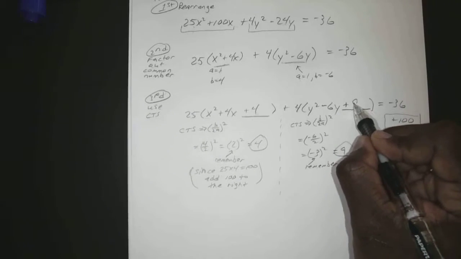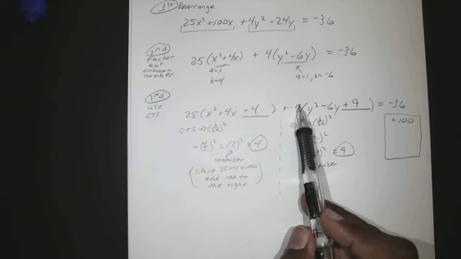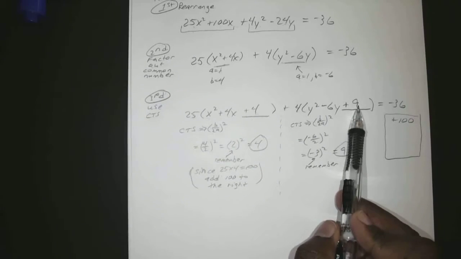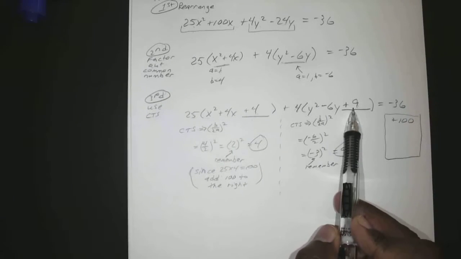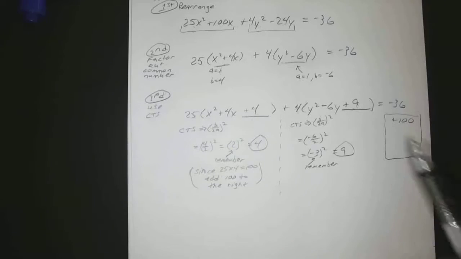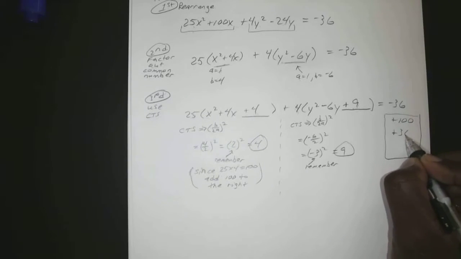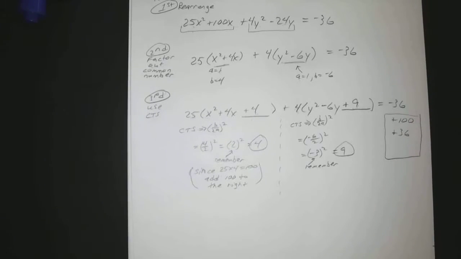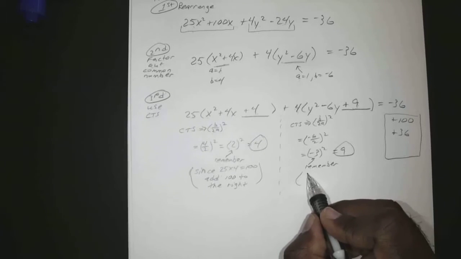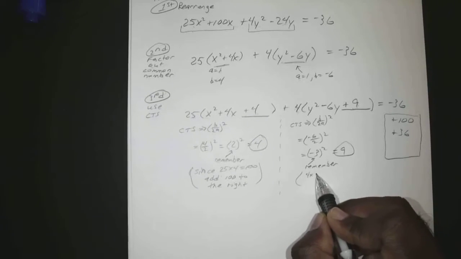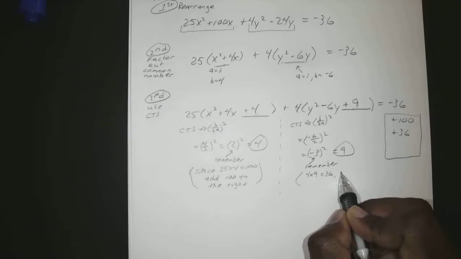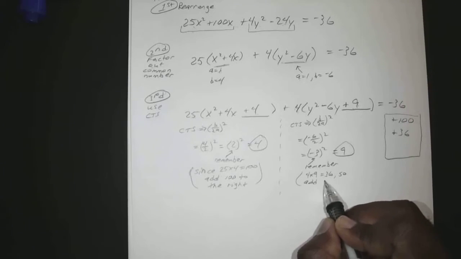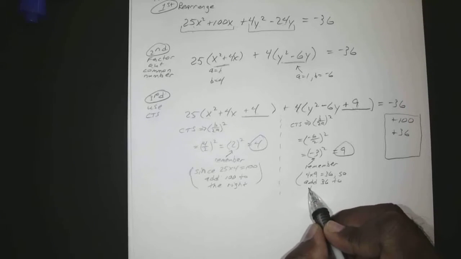So we're going to add 9 here. But remember, we have 4 times 9. So really by adding 9 in here, we added 36 to this side. So we have to add 36 to this side. So 4 times 9 equals 36. So add 36 to the right.